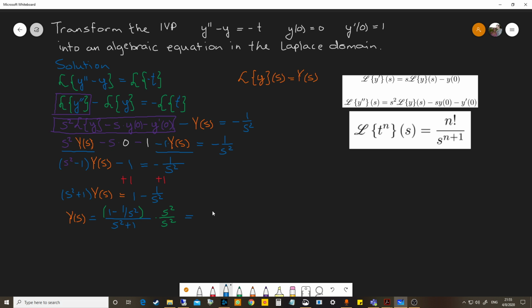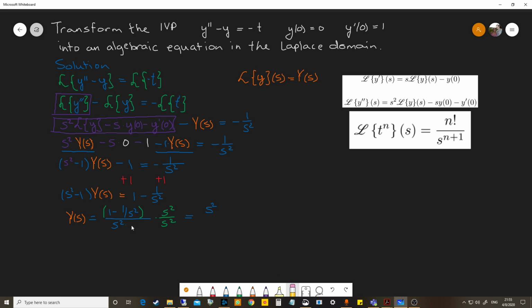And what we then have is s squared. Oops, I see that my s squared minus 1 turned into an s squared plus 1. I apologize. That's s squared minus 1.